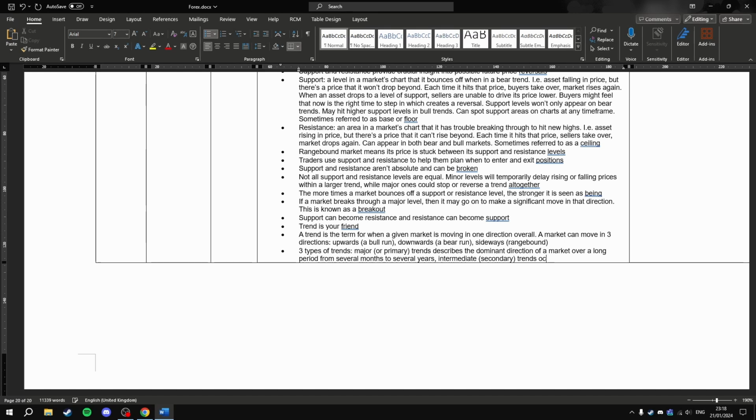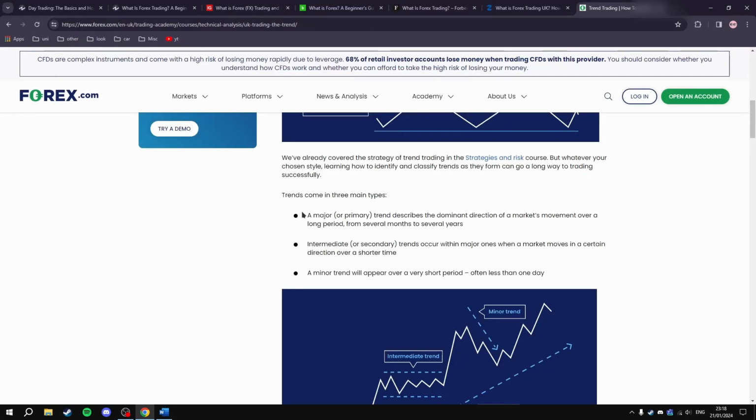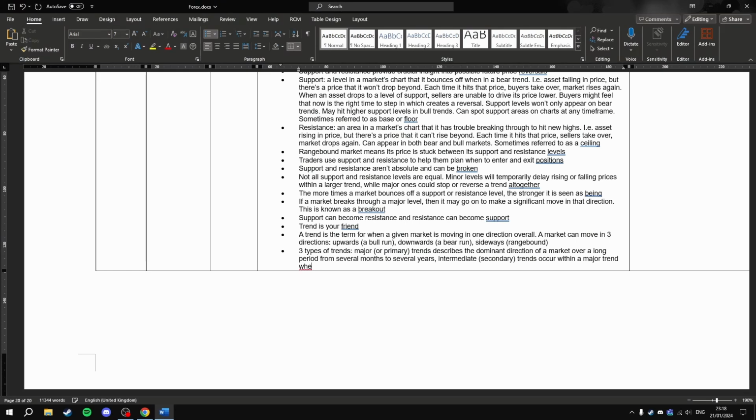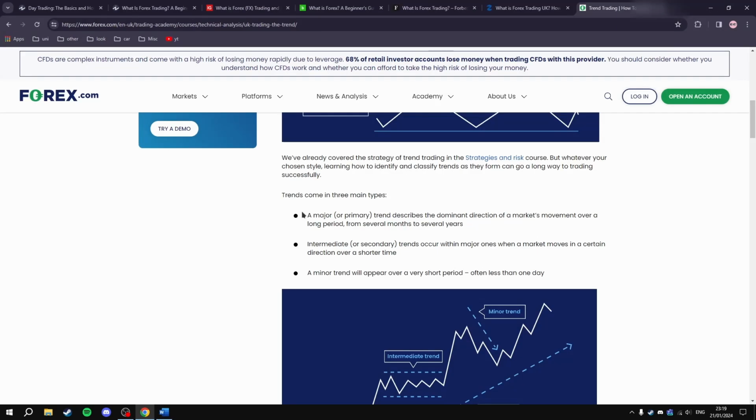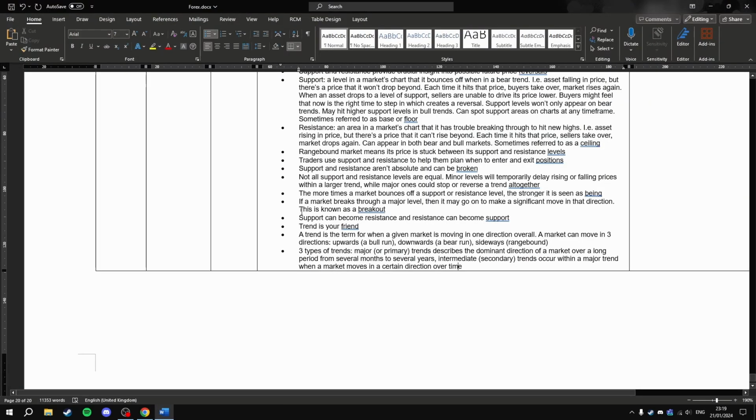Trends occur within a major trend when a market moves in a certain direction over a shorter time.